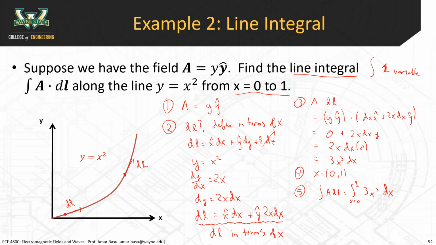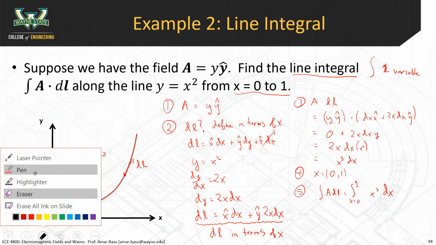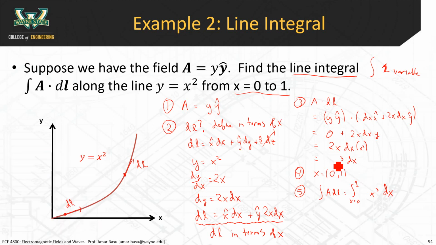Oh, this should be 2x cubed, I'm sorry. I made a mistake here. So let me just erase that quick. All right, so this is 2x cubed. We have 2x cubed here.